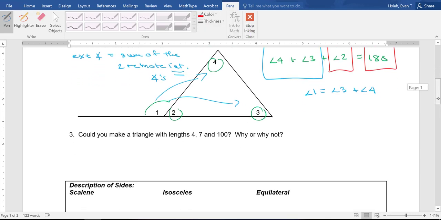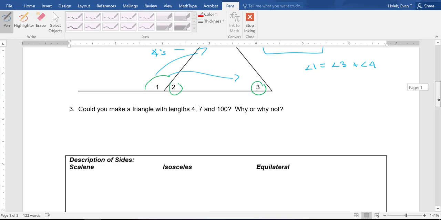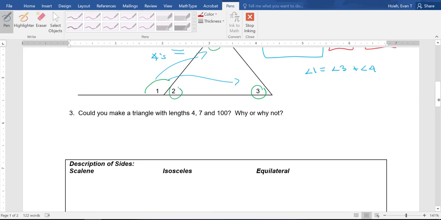Okay, next concept here. Can you make a triangle with lengths 4, 7, and 100? If this side was like 100, then this side would be 4, and this would be like 7. I don't think that's drawn even remotely close to scale, but hopefully you can see that you can't do it.